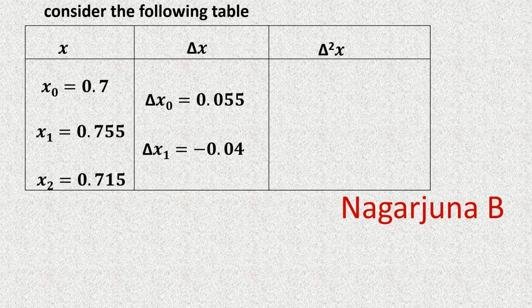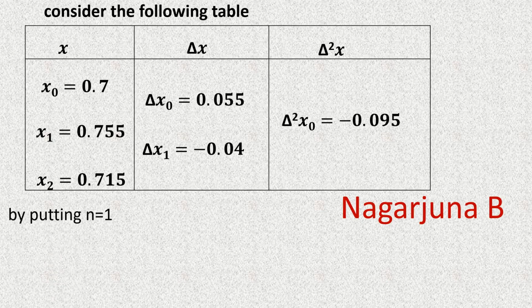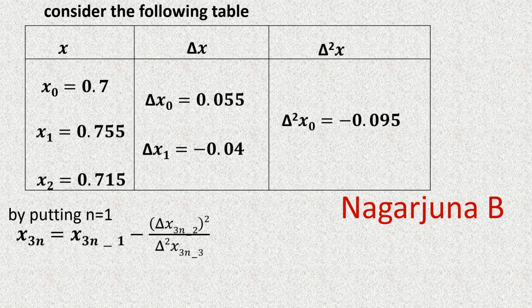Therefore delta squared x is equal to minus 0.04 minus 0.055, and it is equal to minus 0.095. Now, in the Aitken formula x_{3n} equal to x_{3n-1} minus (delta x_{3n-2}) whole squared divided by delta squared x_{3n-3}, put n equal to 1.